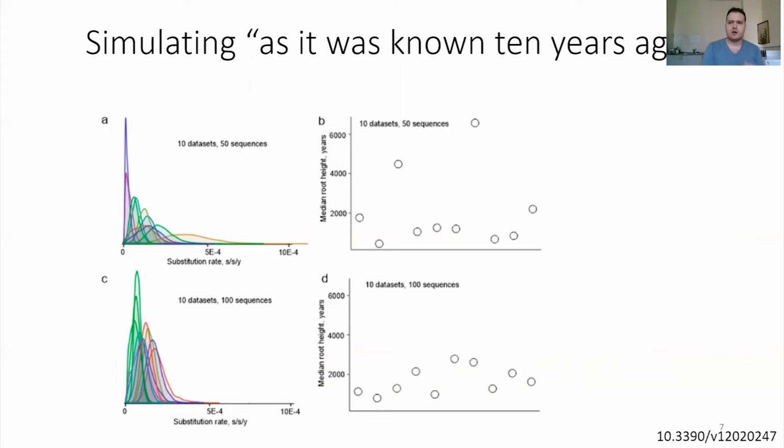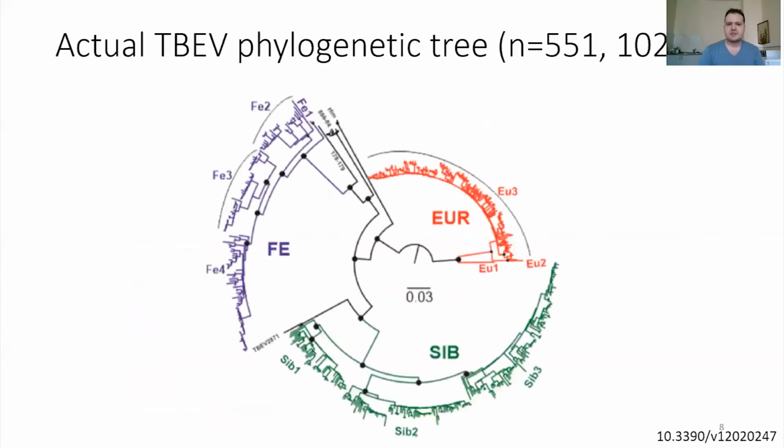The left panel of this slide demonstrates this inconsistency in substitution rates, and the right panel shows the median root height in years. It means when the most recent common ancestor of these 50 or 100 viruses existed according to some Bayesian estimates.